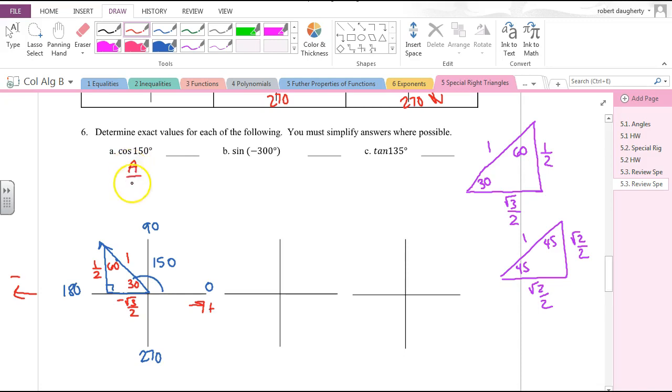Cosine is adjacent over hypotenuse. So that's going to be negative square root of 3 over 2 divided by 1/2.